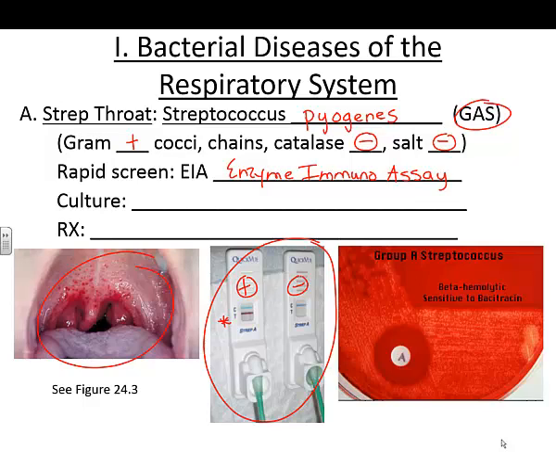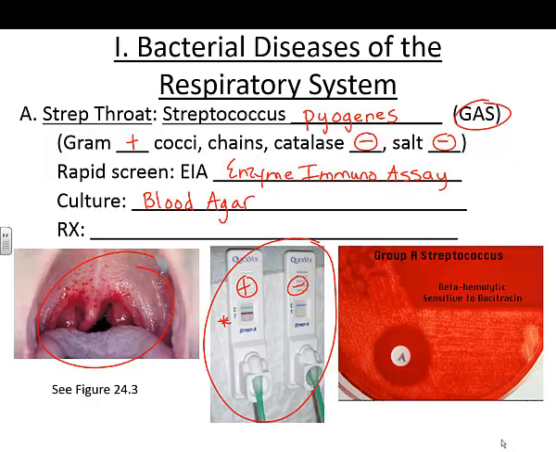If the rapid test is negative, but the clinician still strongly suspects strep, a follow-up culture is done on blood agar. There are hundreds of normal flora organisms in the throat, including many other species of Streptococcus.